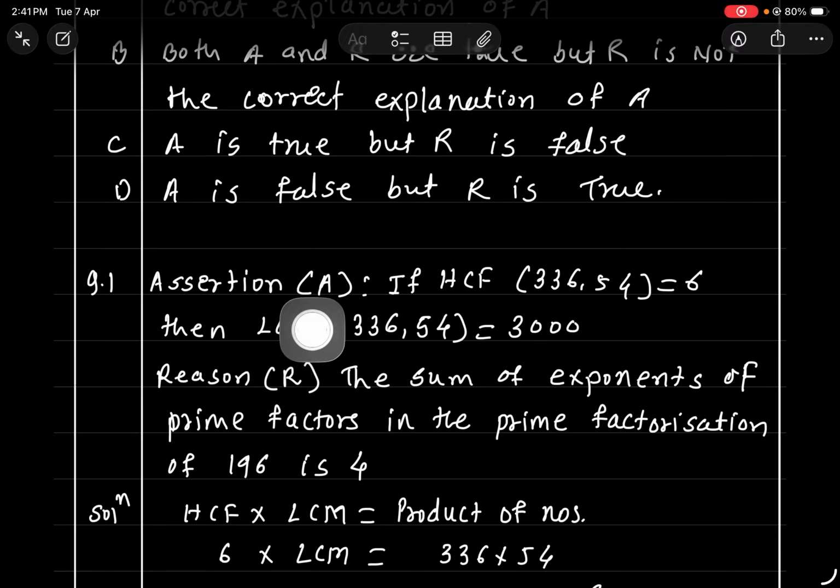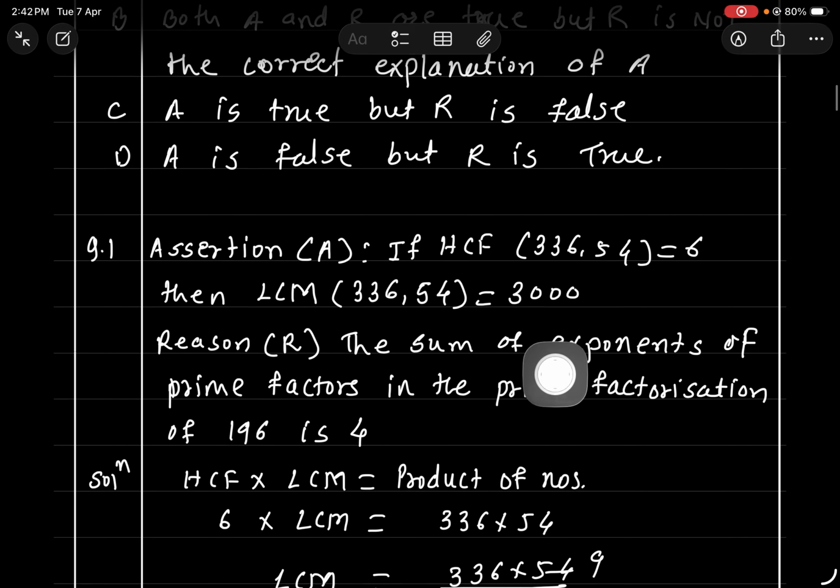Now here, assertion A: if two numbers 336 and 54 are given, the HCF of these two numbers is 6 and the LCM of these two numbers is 3000.